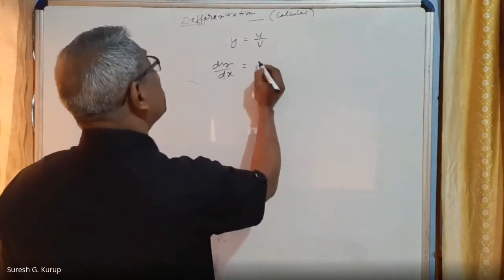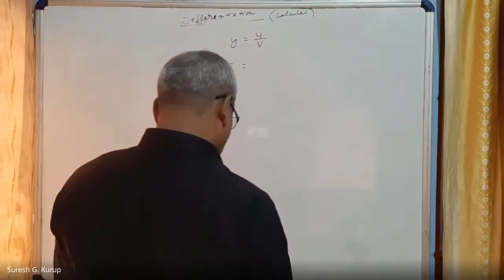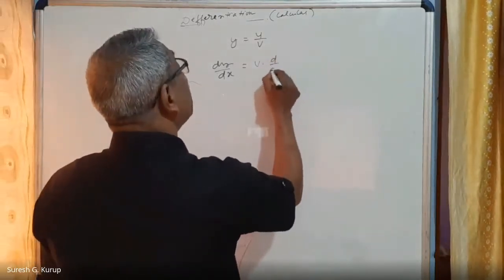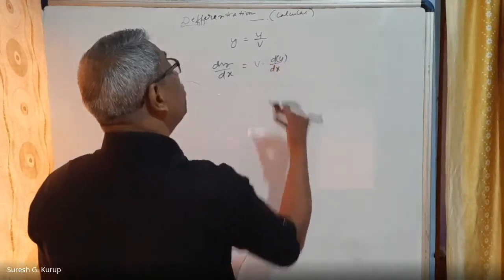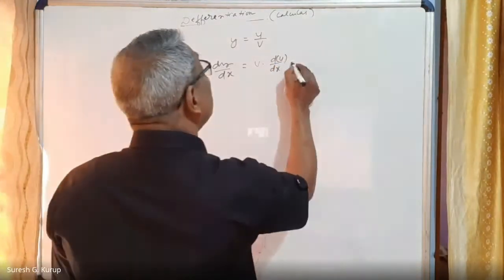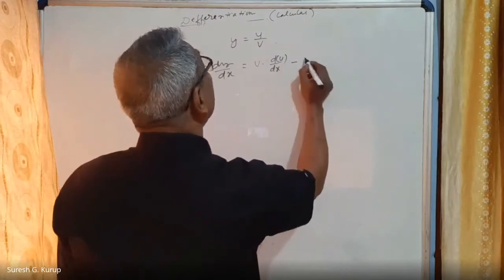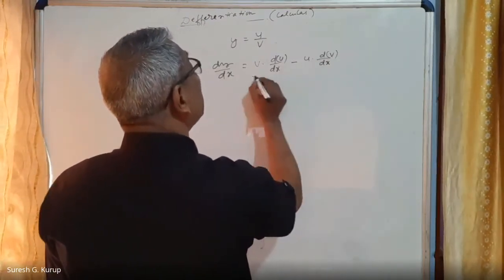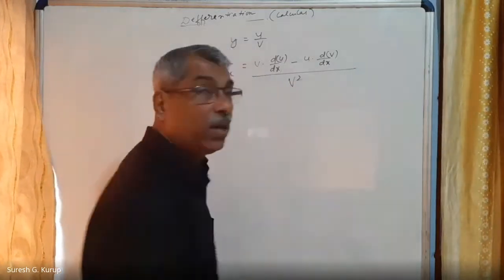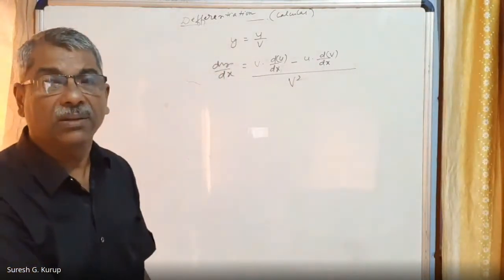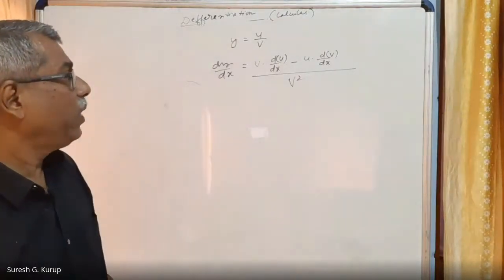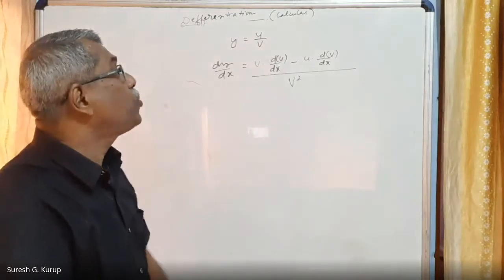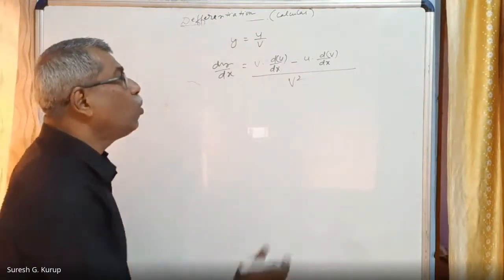So dy by dx is equal to the denominator into d by dx of the numerator, there is a negative sign, now numerator into d by dx of the denominator, the whole divided by the square of the denominator. This is the way we can differentiate the function. This rule is called the quotient rule.